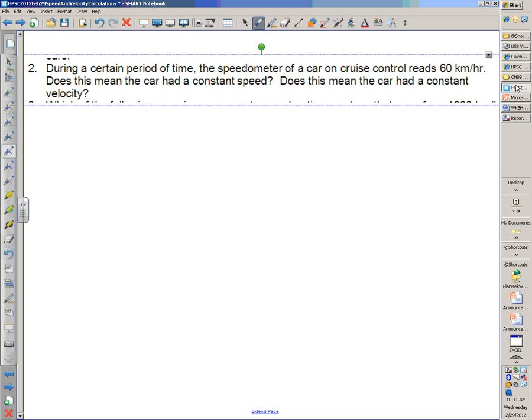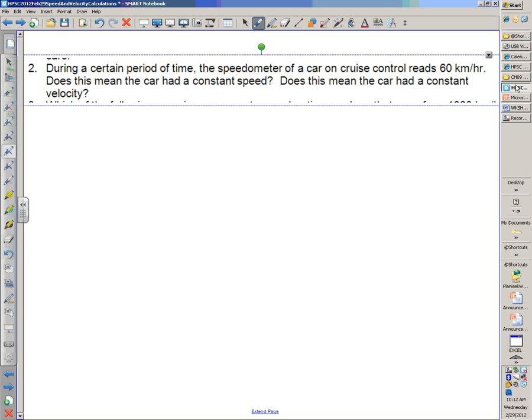It's just straight, and that would be a constant velocity because you're going the same speed, but also the same direction.